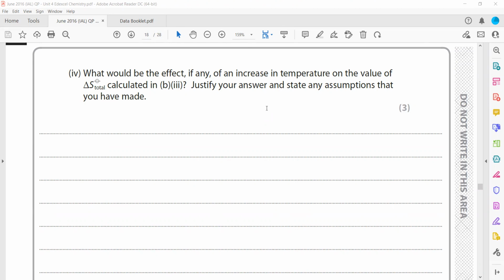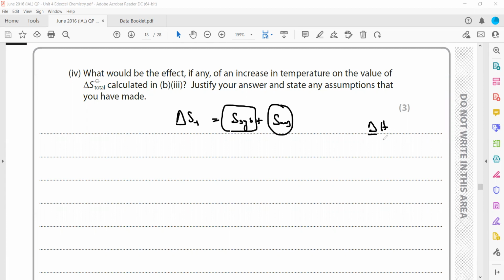So if the entropy of the surroundings decreases, the sum will decrease, because the total entropy is the entropy of the system plus the entropy of the surroundings. The system cannot be changed. The surroundings can be changed.